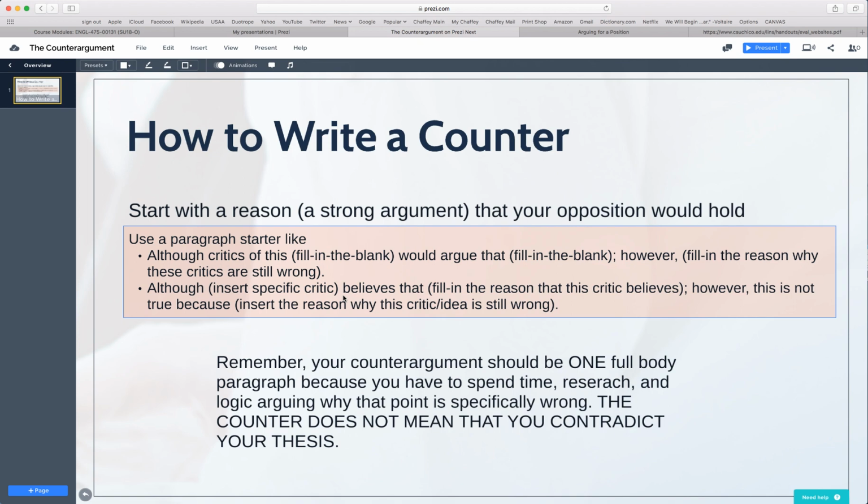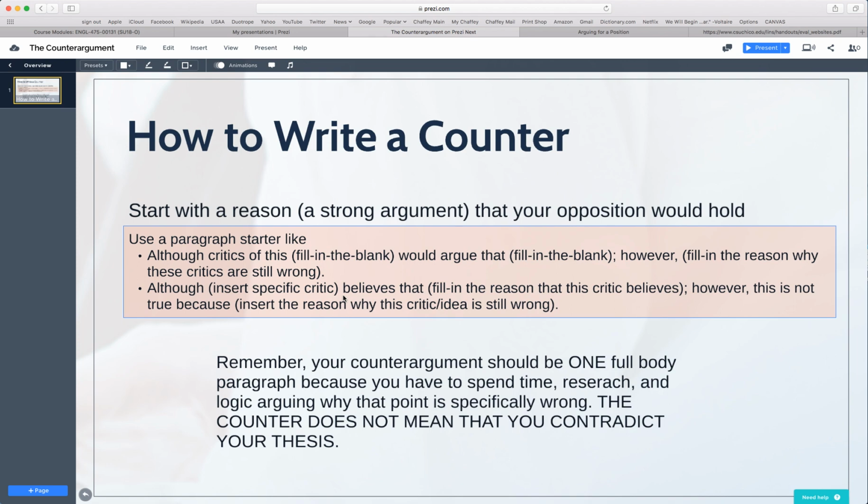If you happen during your research to come across a critic whose viewpoint is different than yours, go ahead and use it as a counter argument. Why not? Go ahead and list that particular critic or perhaps the particular reason that the critic believes, and maybe you can just turn that specific research or specific reasoning on its head a little bit.